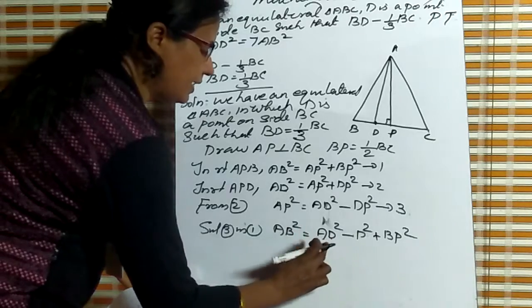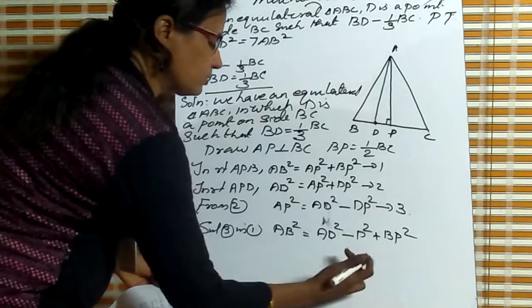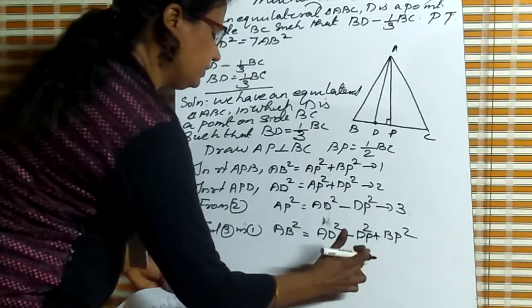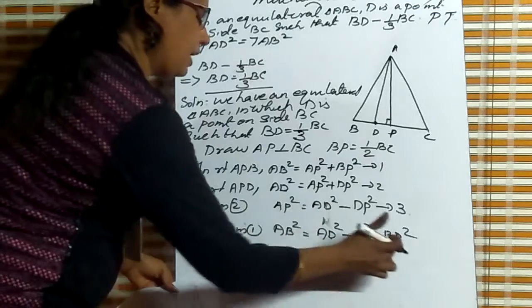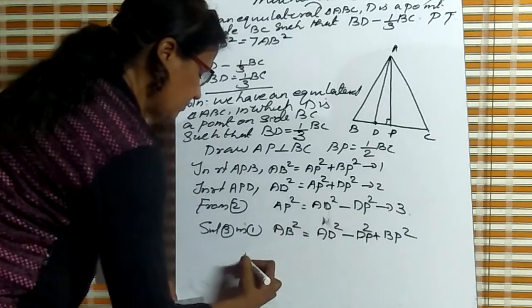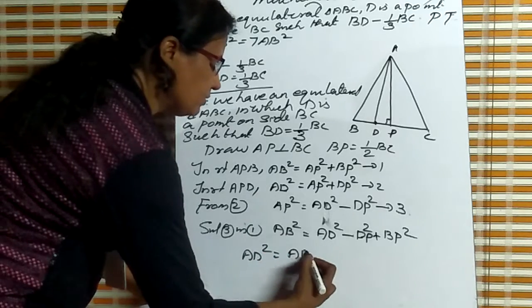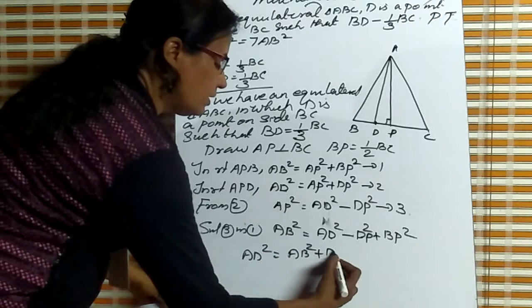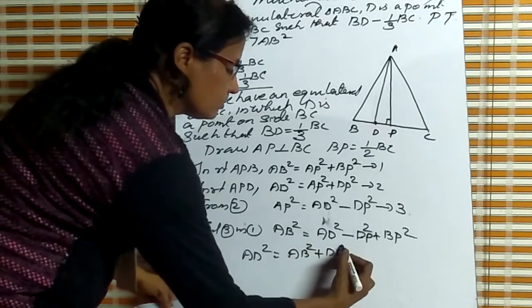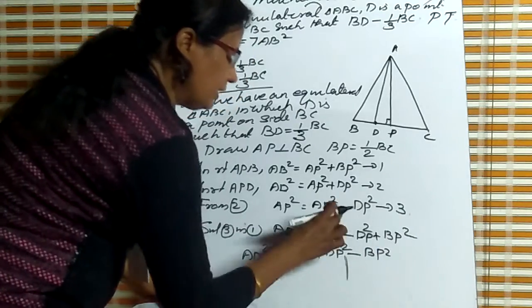For finding AD square, bring this DP square and BP square to the left side. AD square is equal to AB square plus DP square minus BP square.